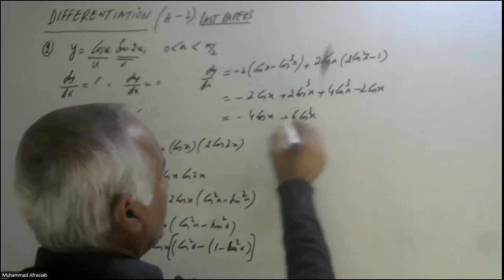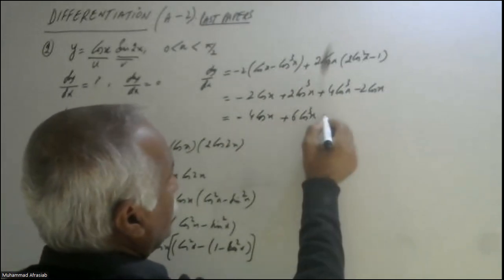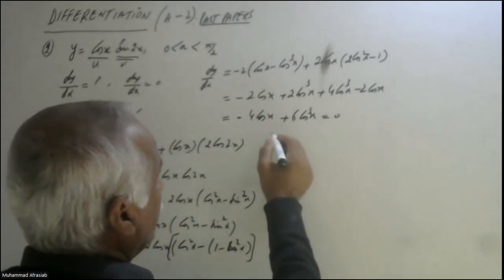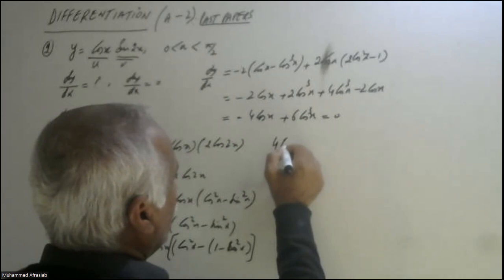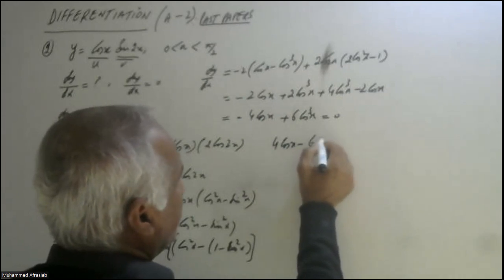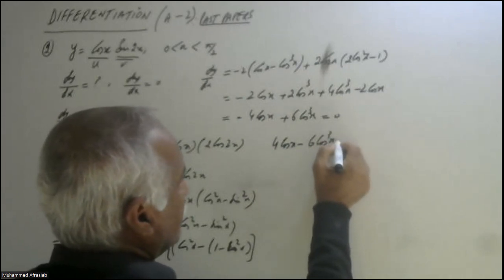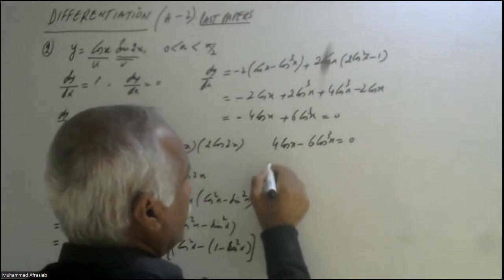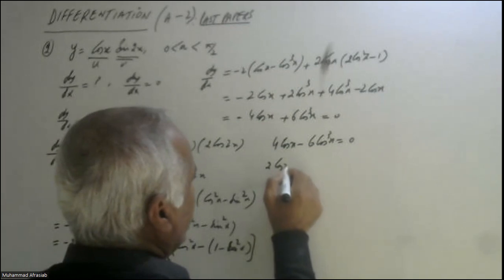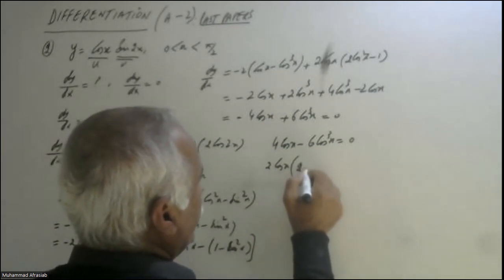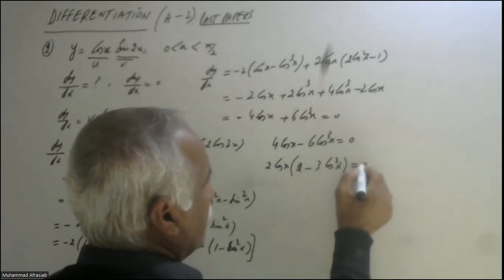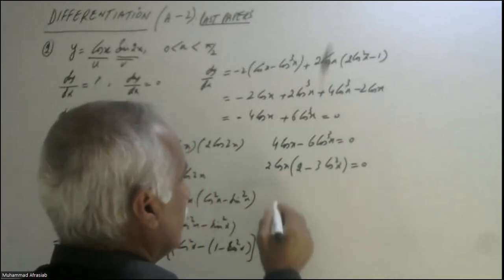Now we put this equal to 0. So 4 cos of x minus 6 cos cube of x is equal to 0. 2 cos of x is common, so it should be 2 minus 3 cos square of x equal to 0.